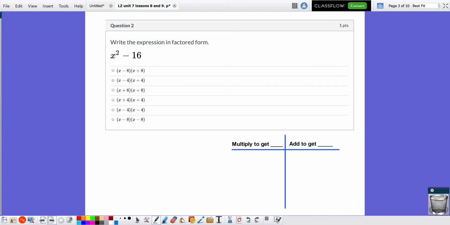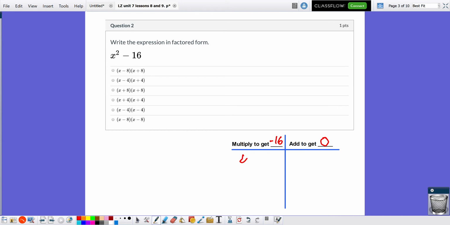So for this one, it's similar to what we did in the previous page. We have an expression and we want to write it in factor form. We can still use the t-charts that we used before. We need to find two numbers that multiply to give me negative 16, but that add to give me 0, because I do not have the term that has x.